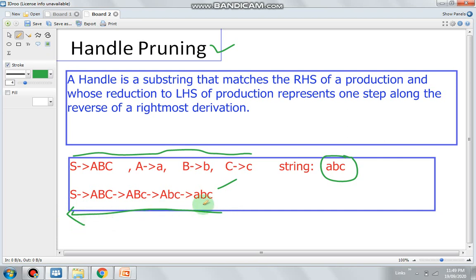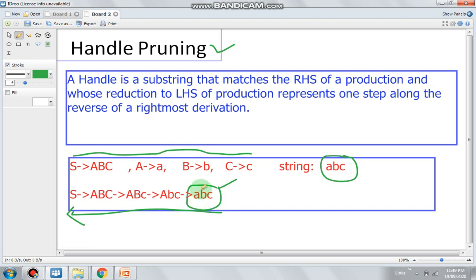And what is handle here? In this string ABC, you need to find a substring that can be matched with the right hand side of a production rule, and the reduction to the left hand side of the production rule will lead you one step back along rightmost derivation in reverse order.